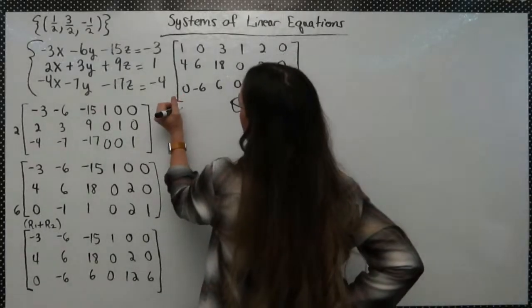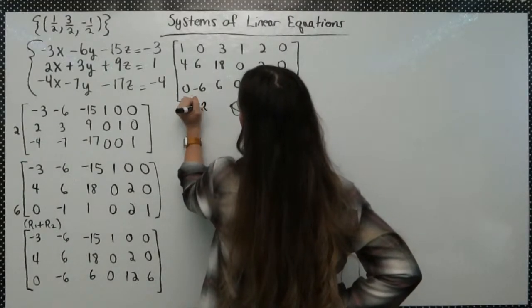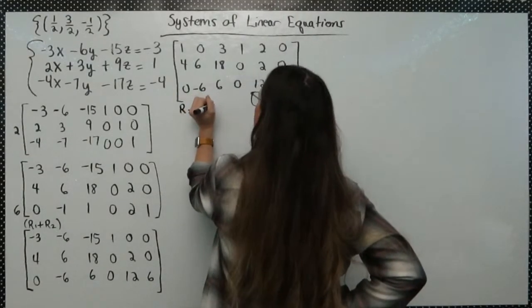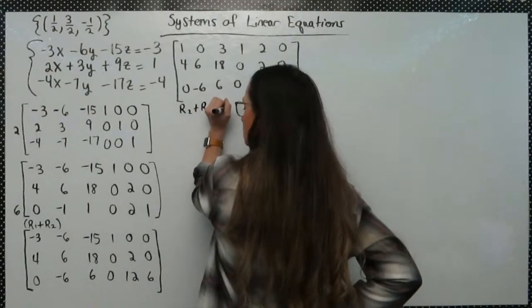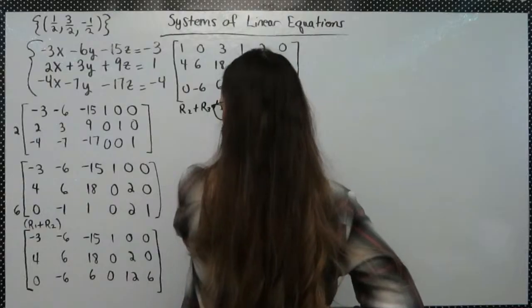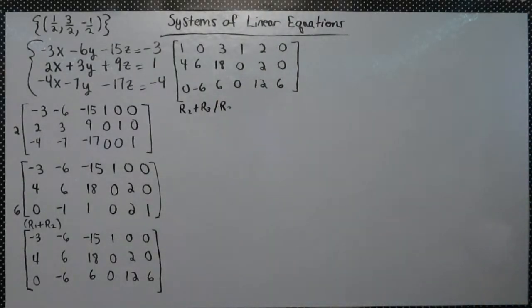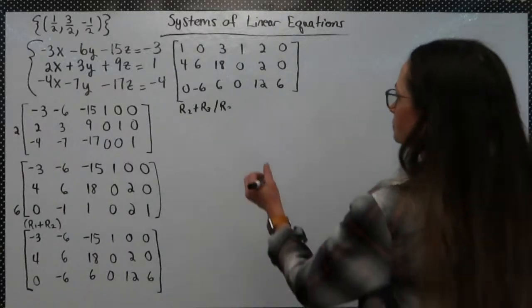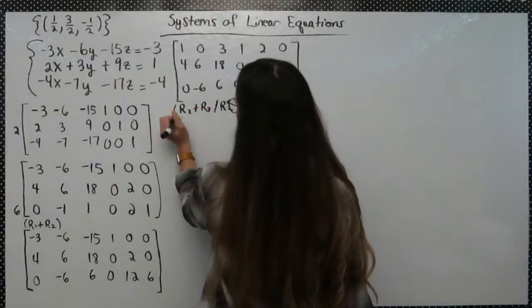We're going to add row 2 plus row 3, and we'll replace row 3. Okay. Did I just say row 2 or 3? I replaced row 2, not row 3, so let's not mess that up.